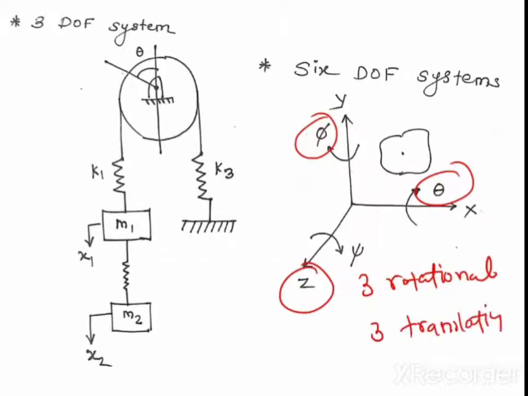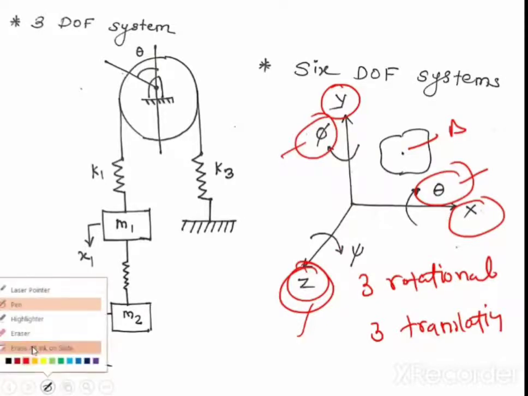Translational means what? This body can rotate by theta, rotate by phi, rotate by z, and it will translate along x, translate along y, and translate along z. It will rotate about the x-axis. Imagine, in gyroscope we have studied a question.